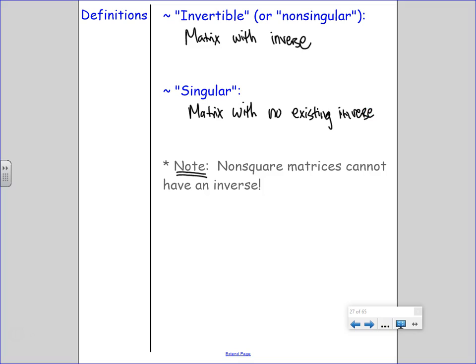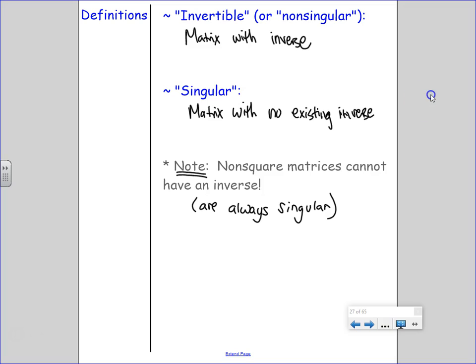Any non-square matrix will always be singular. Non-square matrices cannot have an inverse, therefore non-square matrices are always singular. So if they give you a non-square matrix and say find the inverse, you're going to say, no, not today, it's not possible. Good try.